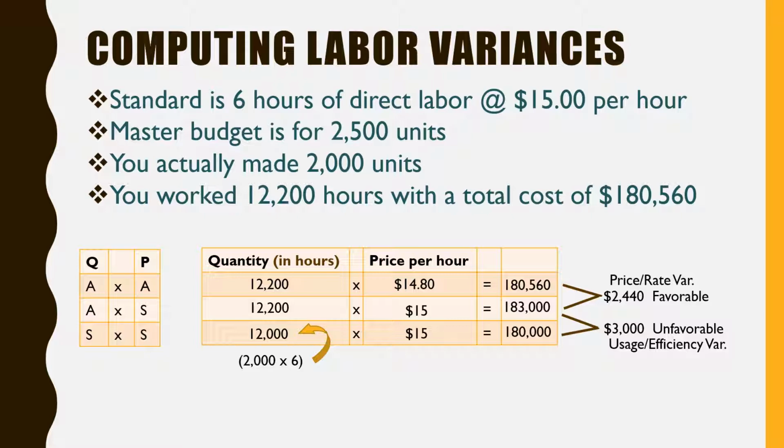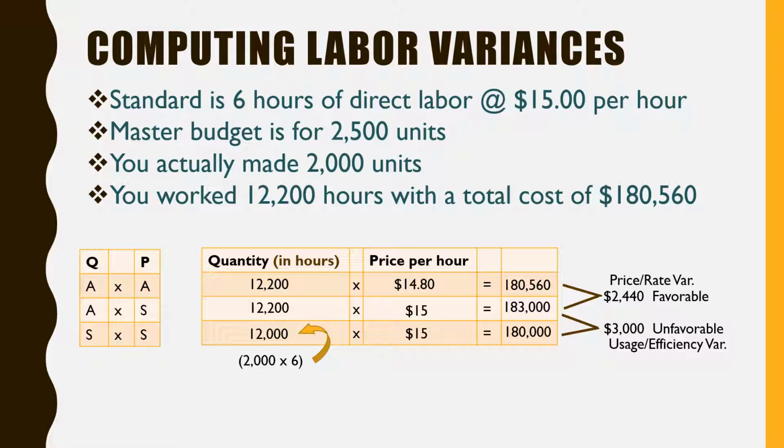The only thing students sometimes struggle with is whether it's favorable or unfavorable, and you can kind of look. We actually paid people $14.80. We thought we'd pay them $15, so we got a bargain, so that would be favorable. If you notice in your table, the actuals are always on top and the standards are on the bottom when one thing changes.